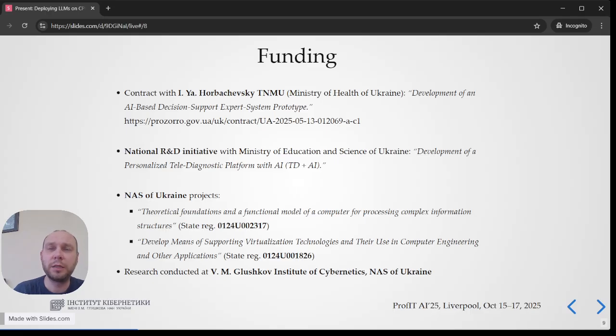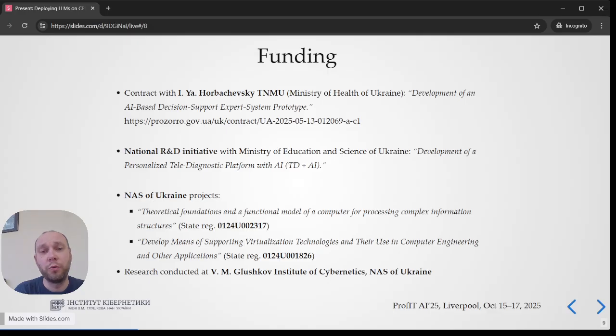This contract is a part of the big national R&D initiative of the Ministry of Education and Science and the National Medical University entitled Development of Personalized Telediagnostic Platform with AI.